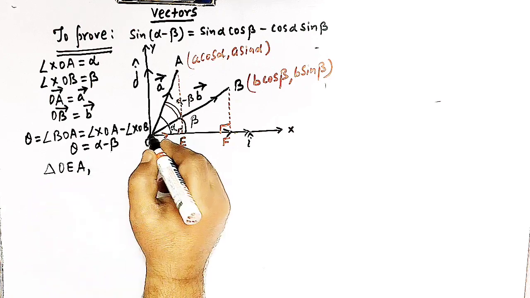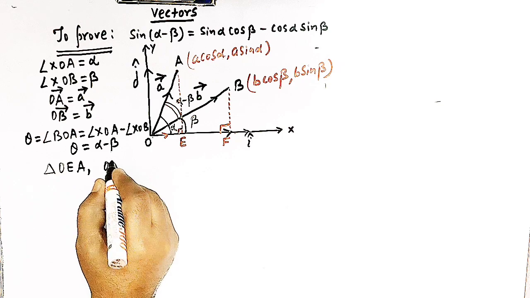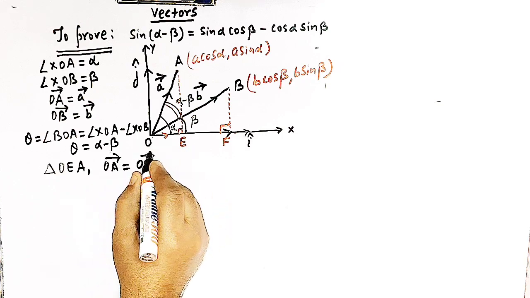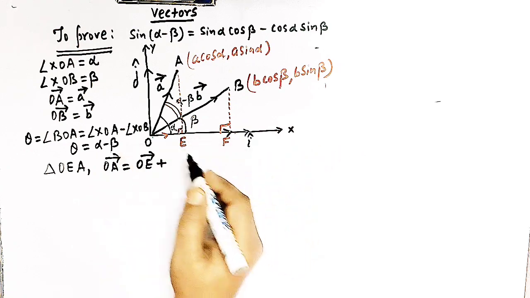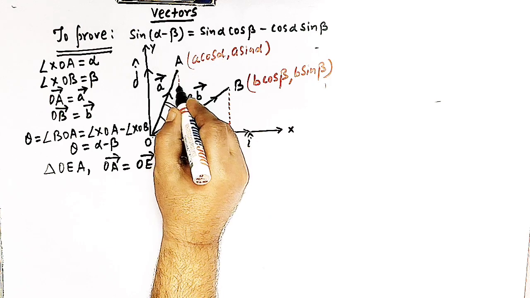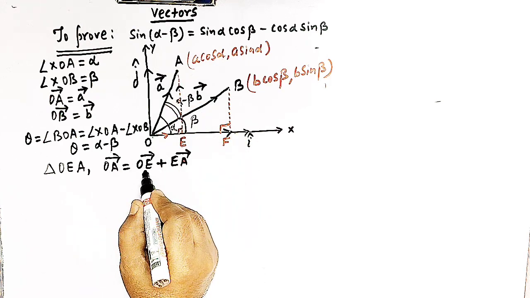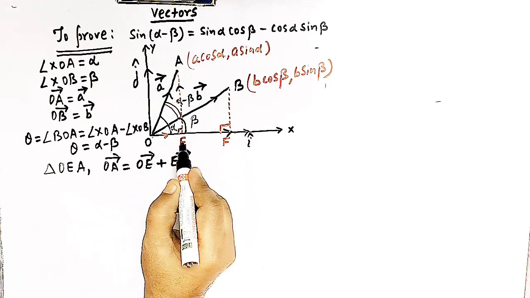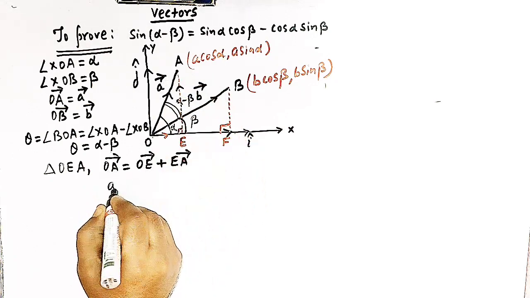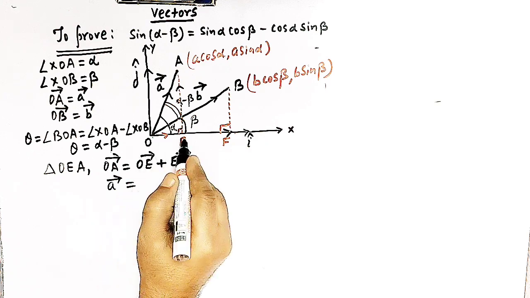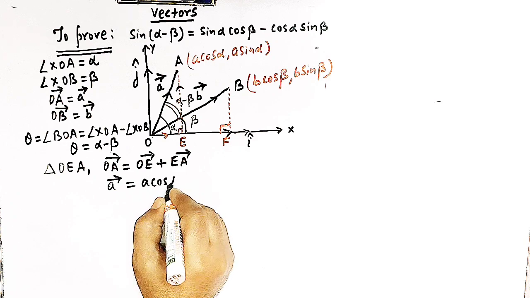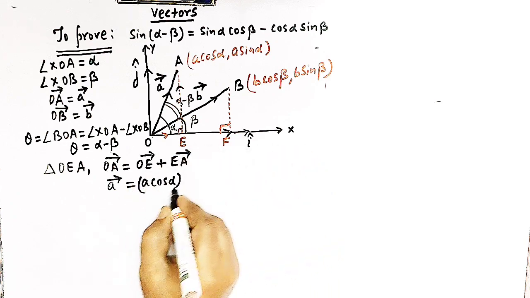So in triangle OEA, we can write vector OA as the sum of vector OE, that is along x-axis, and vector EA, right? So vector OA is vector A, and OE can be written as A cos alpha, and this is along x-axis.